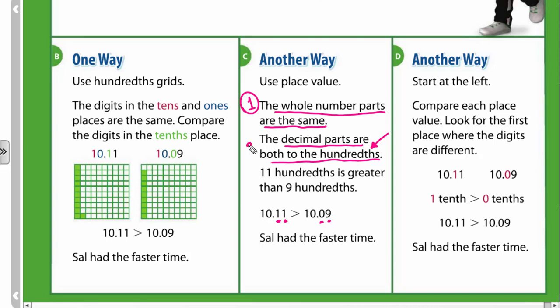So we can say that this is the second step, or we can use it. I can change number 2 to make it like this. In the other way here, we start with the whole, then moving from the left, we have here tenths. So after the whole, we move to the tenths, and the last thing is hundredths.